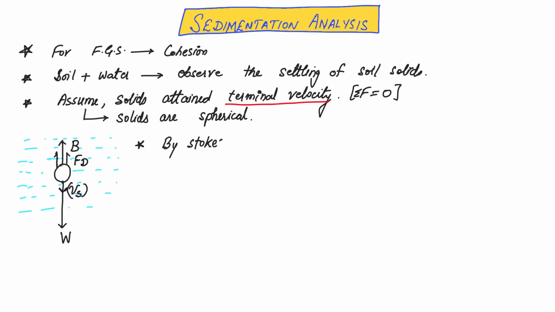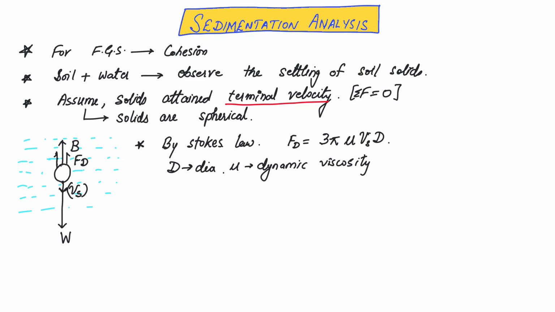Stokes law says that the drag force acting on a spherical body under terminal velocity is equal to 3 pi mu Vs d, where d is the diameter of the solid, mu is the dynamic viscosity of the fluid, and Vs is the terminal settling velocity.